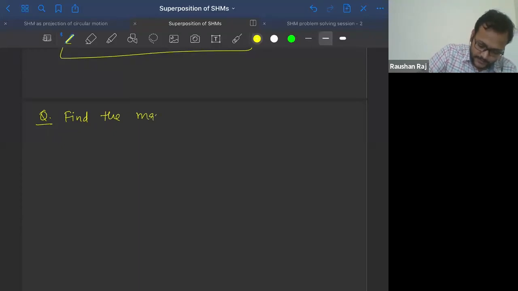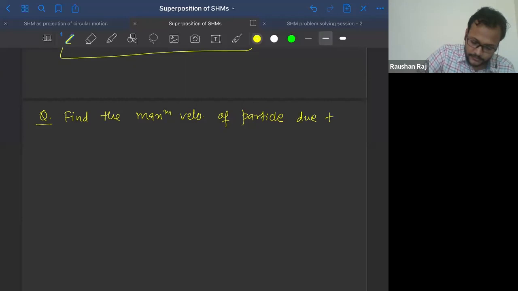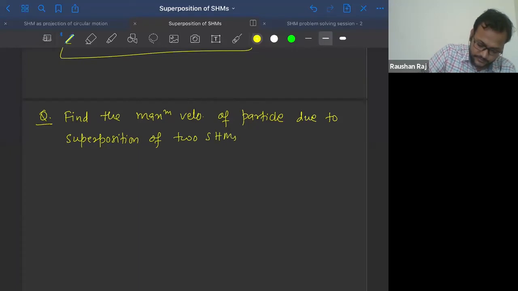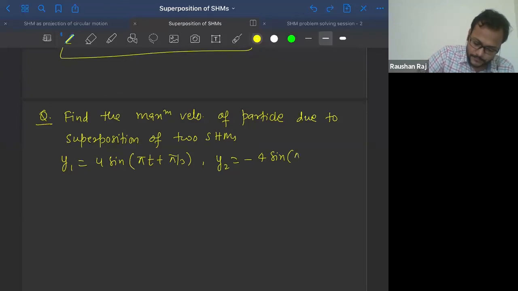Find the maximum velocity of particle due to superposition of two simple harmonic motions, two SHM, and they are y1 is equal to 4 sine pi t plus pi by 3, and y2 is equal to minus 4 into sine of pi t, only pi.